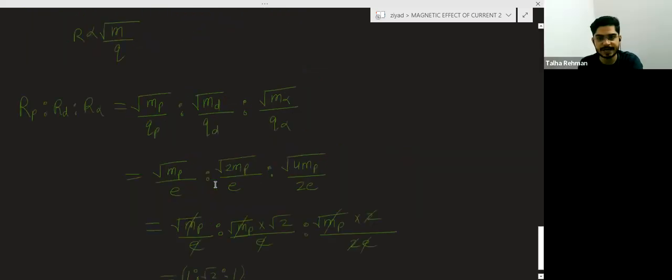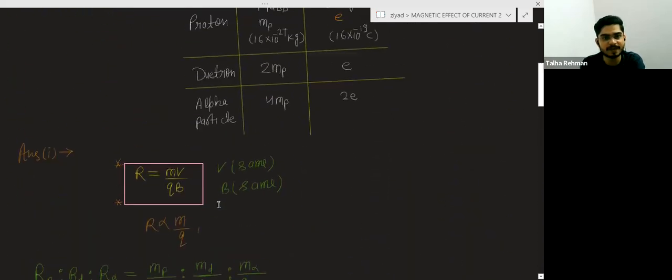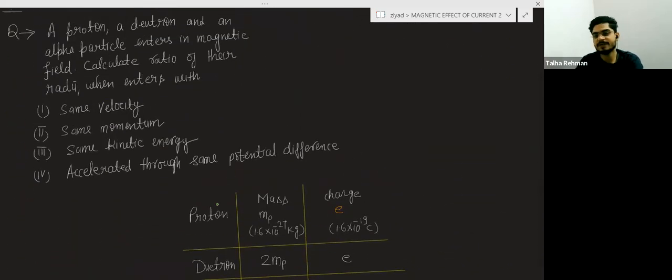So this is our answer, and the fourth part I am giving you as homework, but I am giving you a hint. The formula of the kinetic energy is charge into potential difference. Potential difference I am representing with PD.